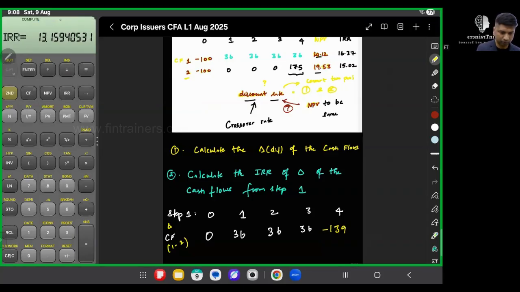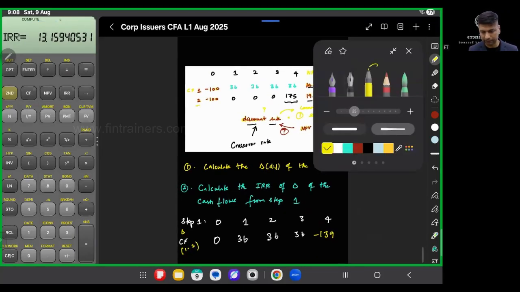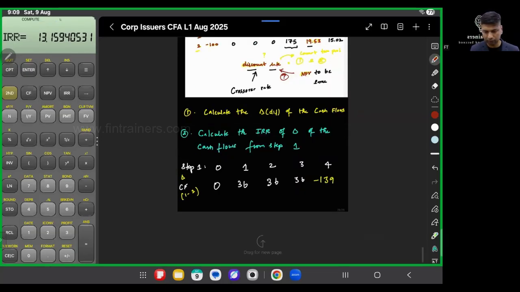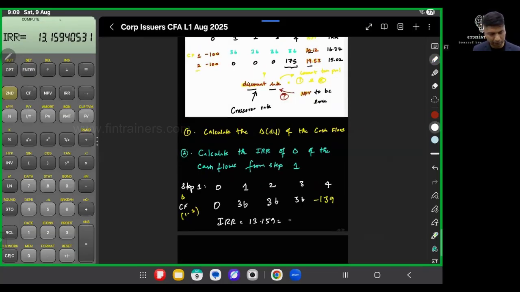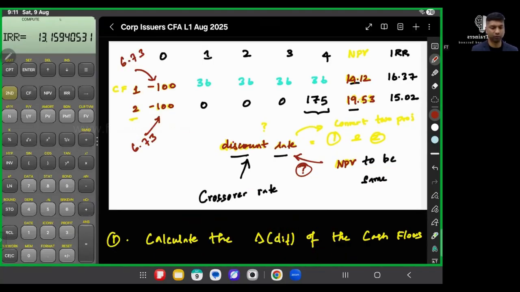Go to your IRR and compute: 13.159%. At a discount rate of 13.159%, the NPV of both projects will be the same, and this is called the crossover rate. Calculate the revised NPV of the first project with this IRR that I have flashing on my calculator, 13.1594, and it is 6.73 for both the projects.